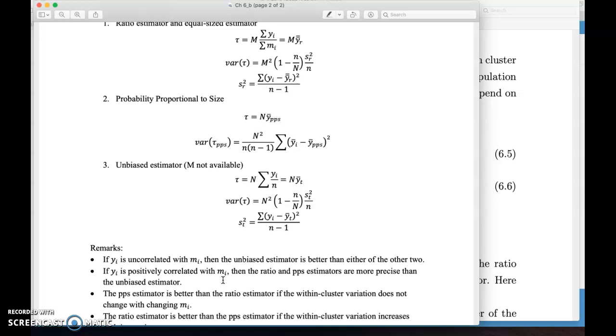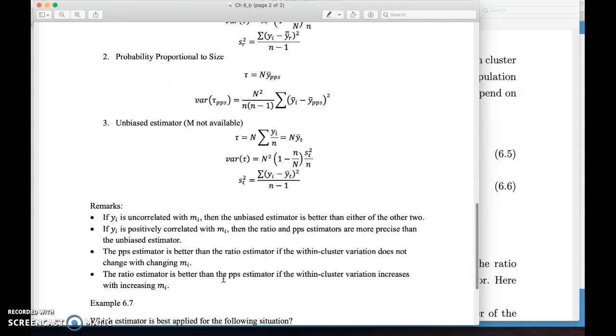Then, within the PPS and the ratio estimator, if the within cluster variation does not change with the size of the cluster, we can use probability proportional to size. Whereas if the within cluster variation increases with the increasing size of the cluster, then we need to use the ratio estimator.